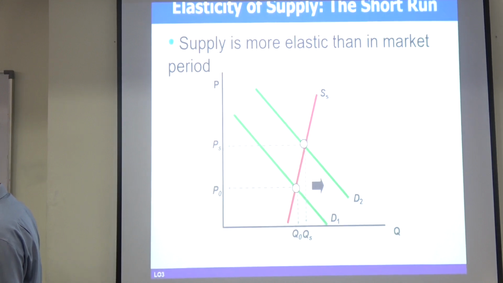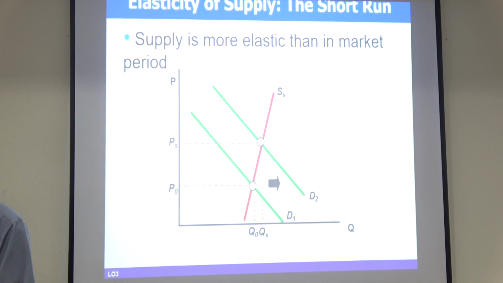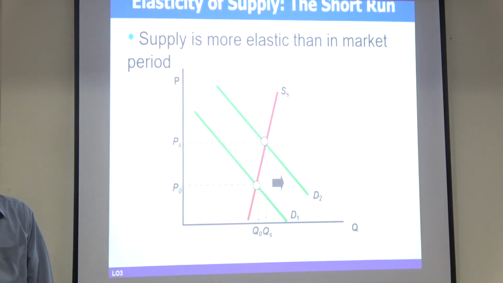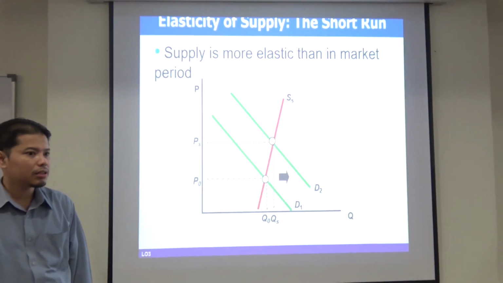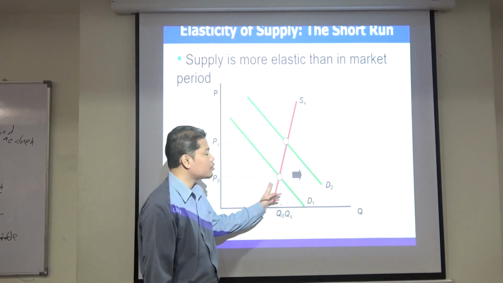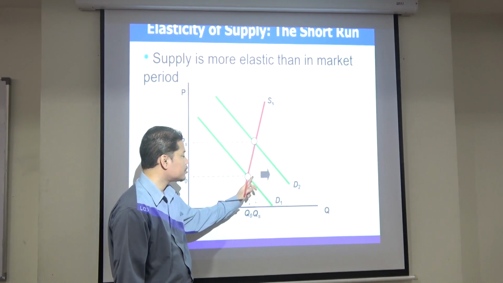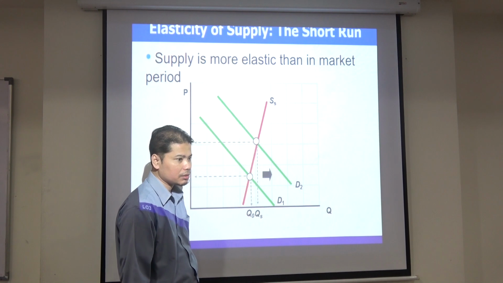The variable inputs, to be used together with the fixed input. But because of the presence of the fixed input, it creates a limitation to the ability of the producer to increase further its production. Yeah? So as the price goes up, quantity supplied may increase, but at a very small level. Yeah?